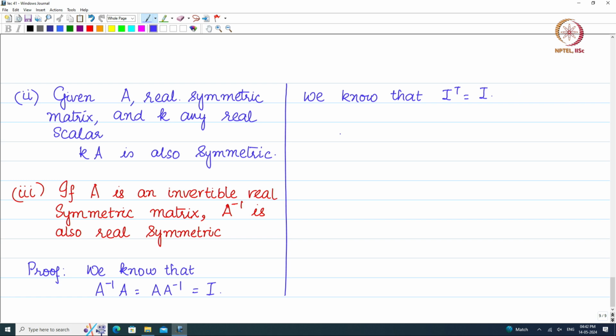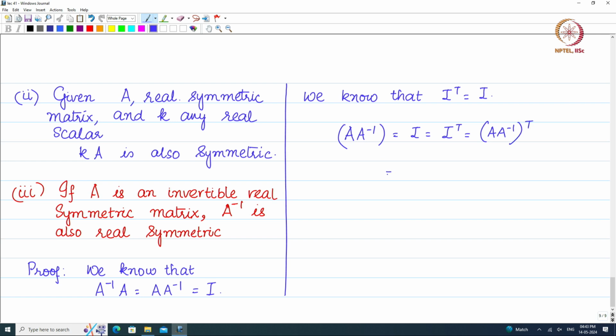So, we have A inverse A is equal to I is equal to I transpose, which is equal to A inverse A the whole transpose.